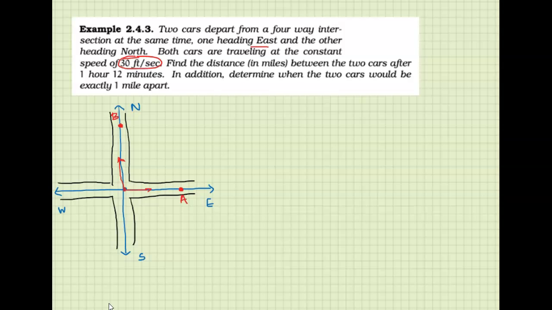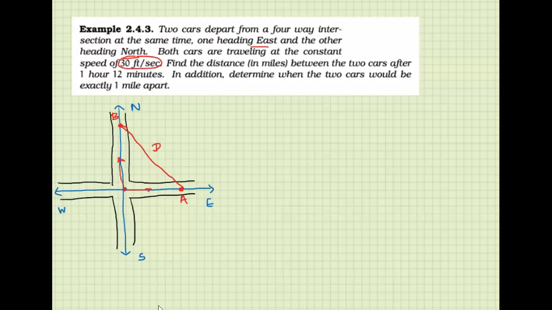Find the distance between the two cars. So we need to figure out how far apart they are. We have to figure out what this is. So you can see our approach here. We can use a little bit of right triangle trigonometry.